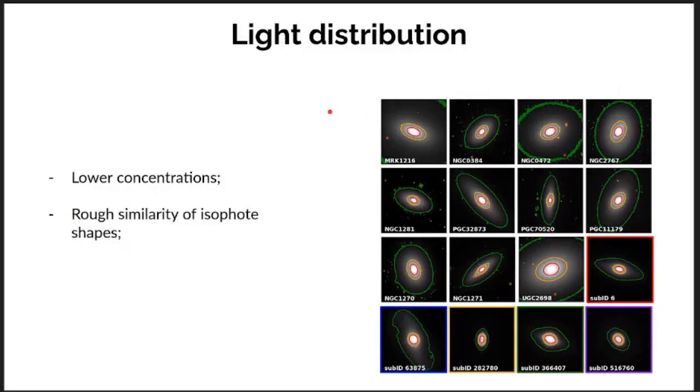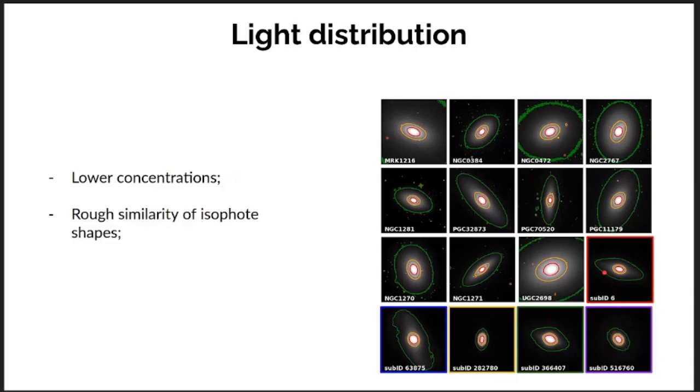We also look at the light distribution of these 5 relic analog candidates in the simulation and compare with the real galaxies. The first thing that we notice is that the galaxies in the simulation have lower concentrations.